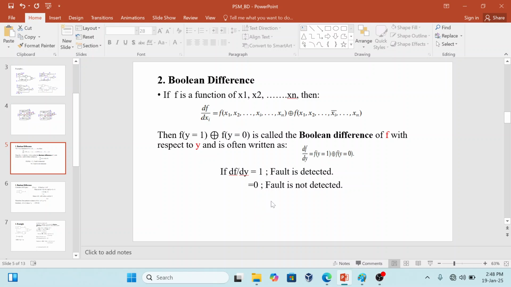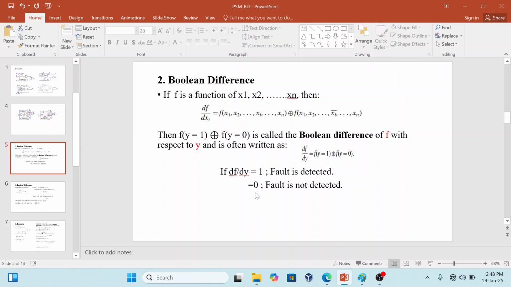Suppose the faulty output is equal to the fault free output, then the XOR operation of the fault free and faulty output becomes 0. That indicates that even though we get a faulty output result, either 0 or 1, if it is equal to the fault free output, then that fault may not be seen at the output.